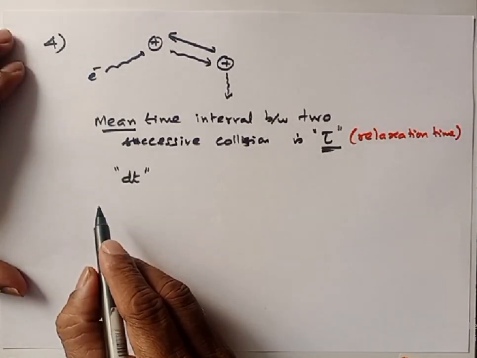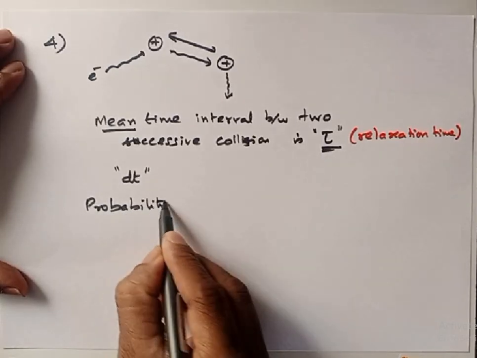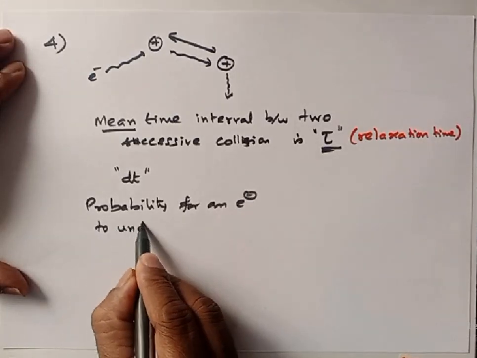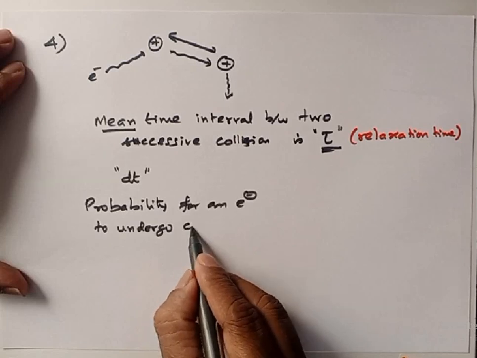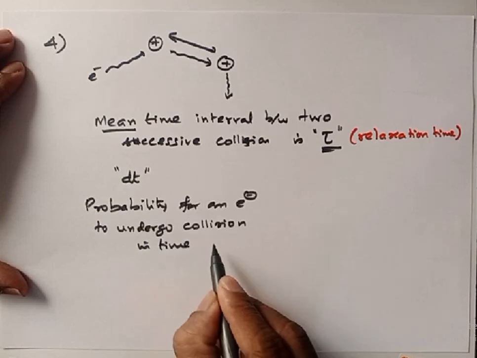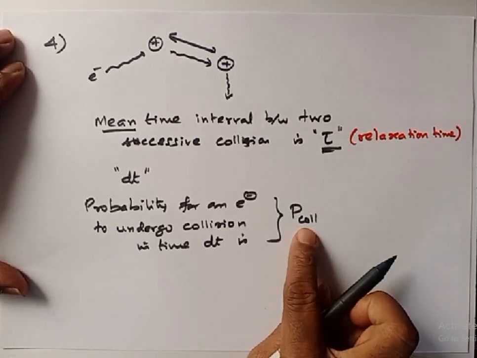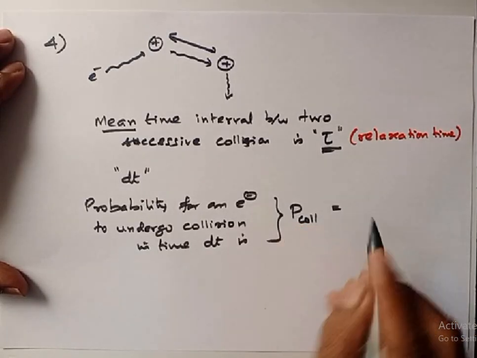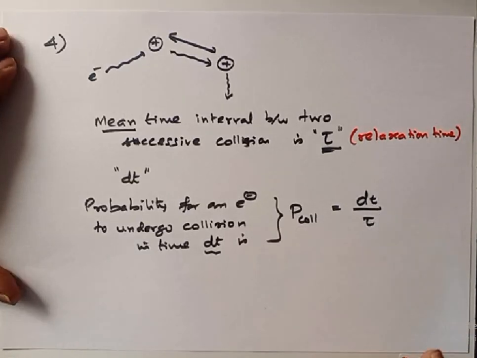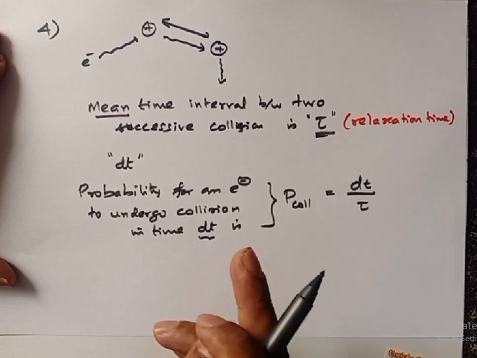The probability for collision within this interval dt is dt by tau. This dt by tau gives you the probability of collision for an electron in the time interval dt.